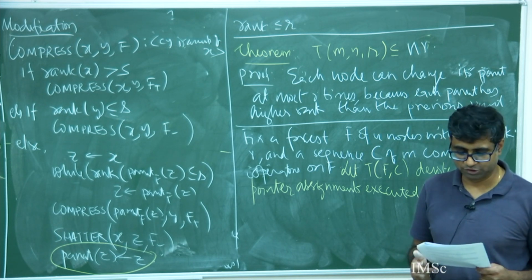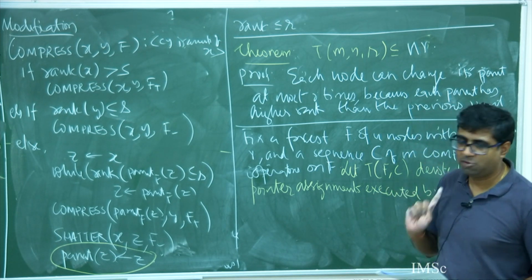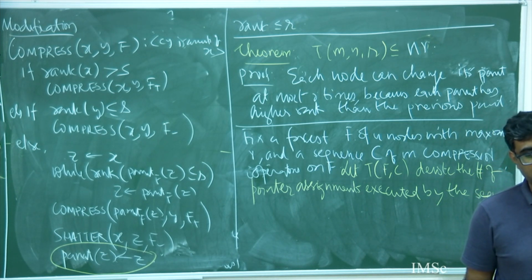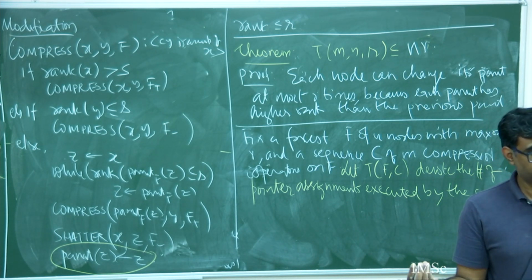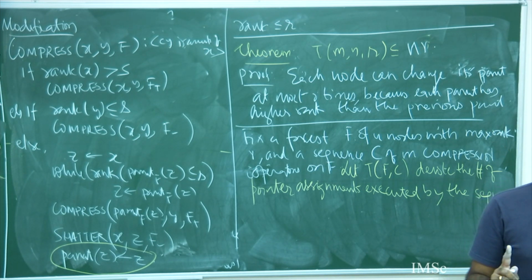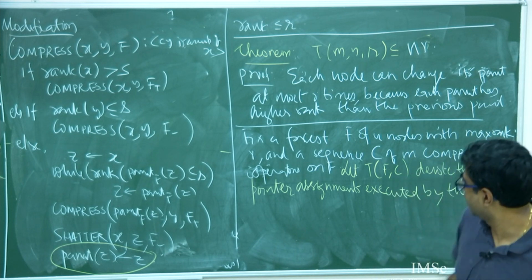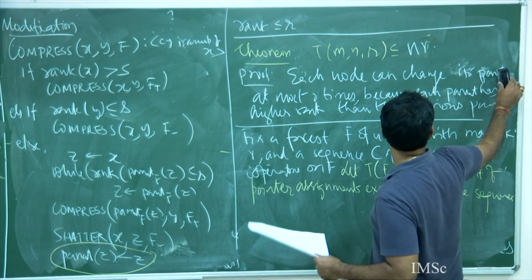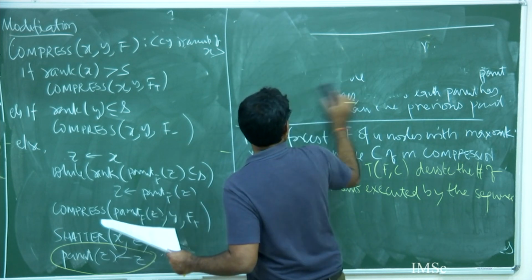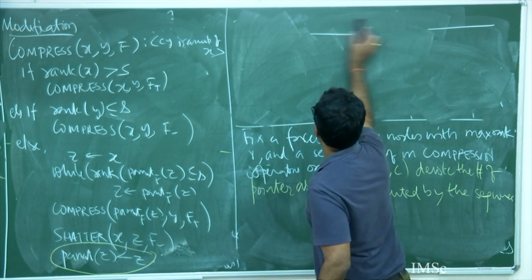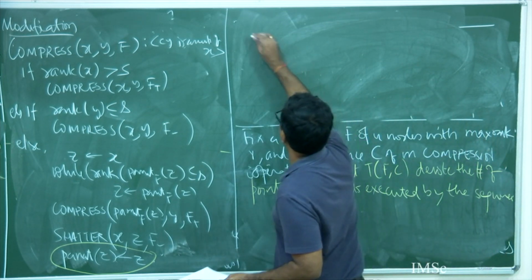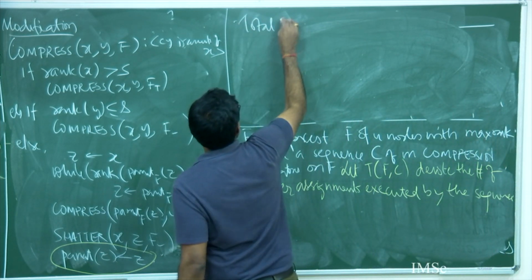Okay, let's ask this question. First of all, how many times will you do shatter? At most n times, right? So shatter is only going to add how many pointer reassignments in total? Okay, I'm just going to rub this, because we proved this already. Magic is about to come, so hold your breath.